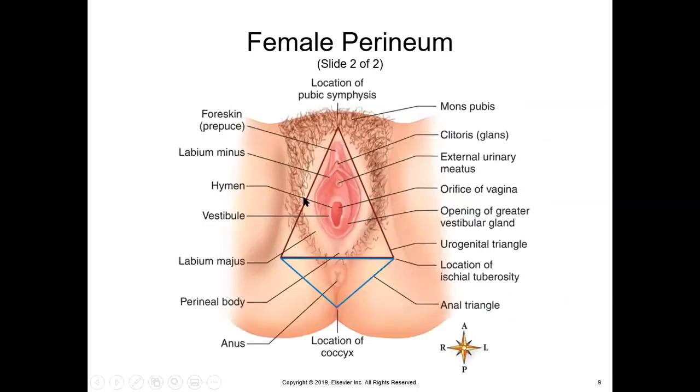So here's the female perineum, this area all here, and it extends from the pubic symphysis on the anterior side and the coccyx on the posterior side.